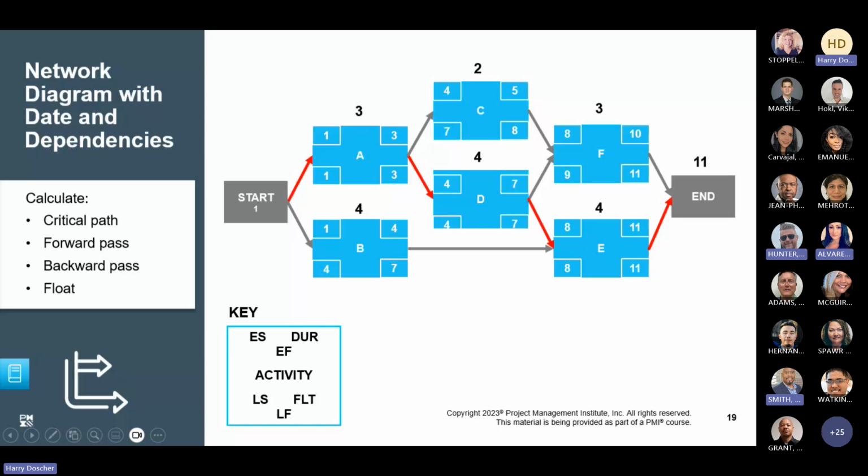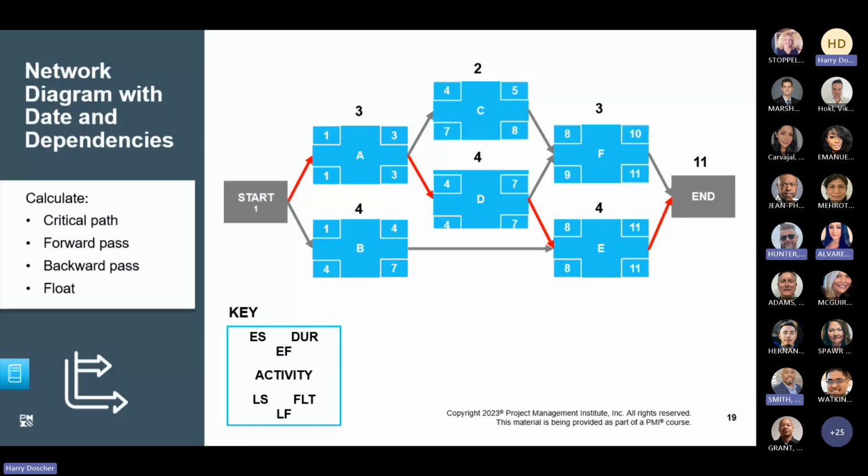I won't go through all the forward pass, backward pass stuff where you determine what's called float, which applies if a task or an activity is not on the critical path. You can never have any float whatsoever on the critical path.